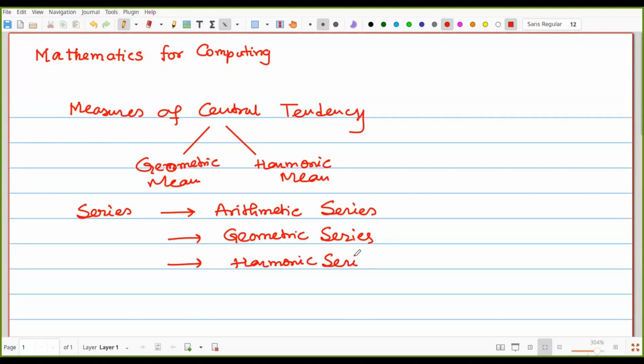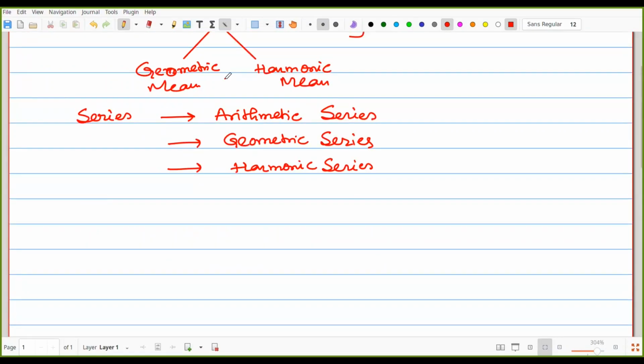Some of you already know the meaning of arithmetic progression or arithmetic series, geometric or harmonic progression. Just once again, I am discussing that. Arithmetic series or arithmetic progression is practically based on plus and minus. Suppose a series starts from 0, then we add 2 each time.